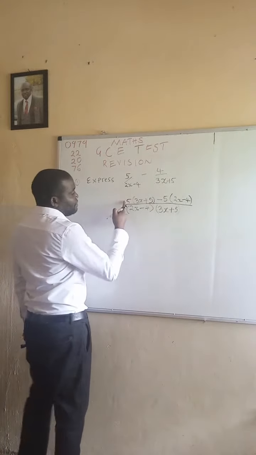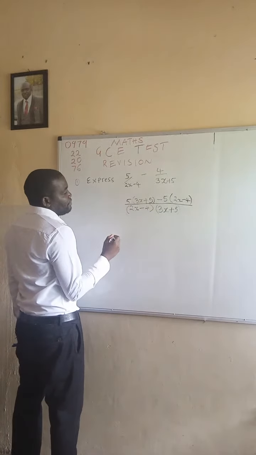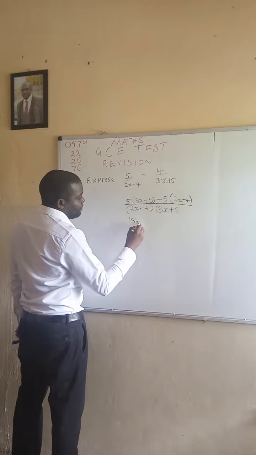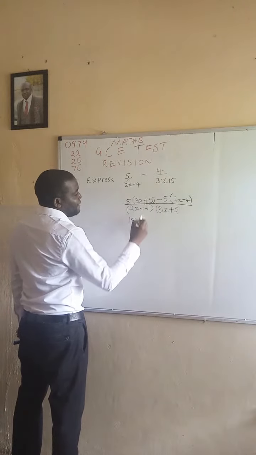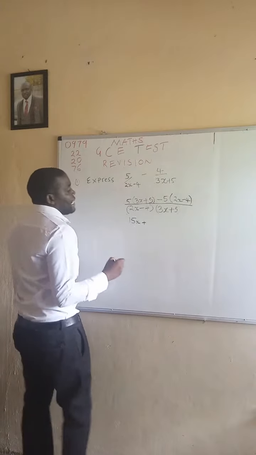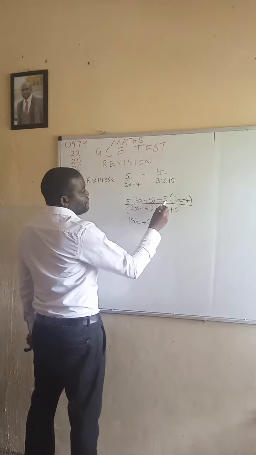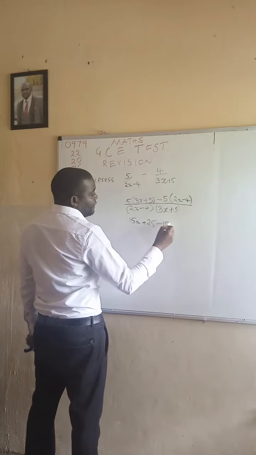Wow. 3 times 5, 5 times 3, it is 15. 5 times 5, it is actually 25. Minus 5 times 2, it is 10.